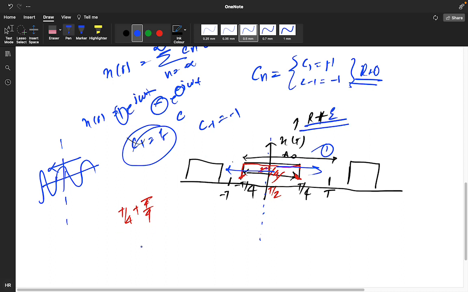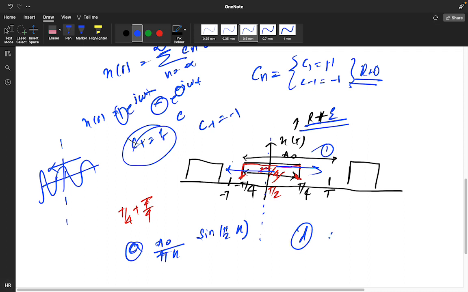So in the question, the answer they had given is like this. Option A is a naught by pi k sine pi by 2 k. And I'm giving two options only.